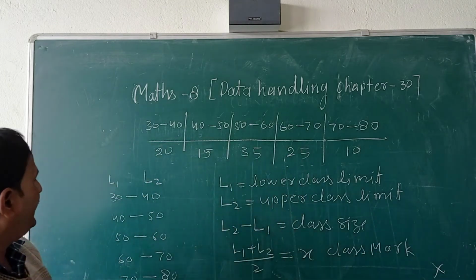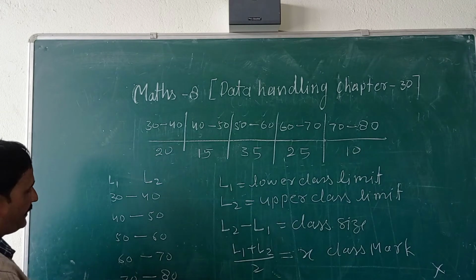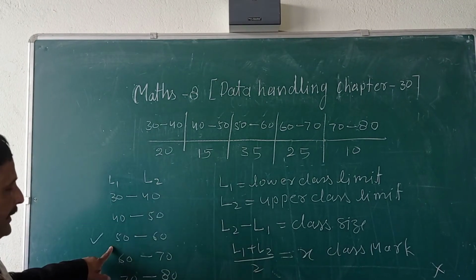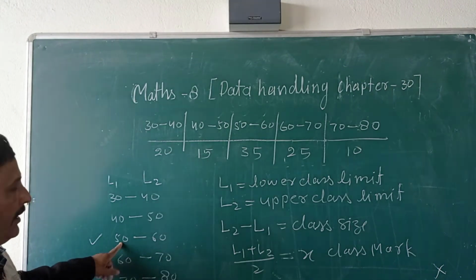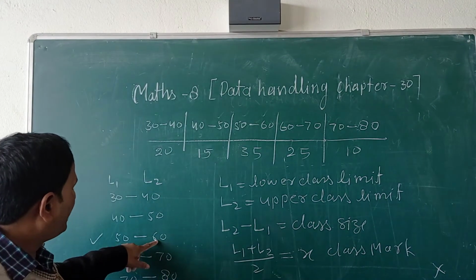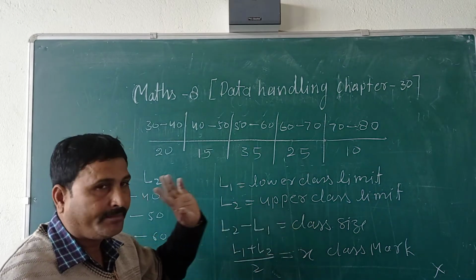Suppose they ask: tell me the upper and lower class limit of the third class interval. This is the third: 1, 2, 3. Lower class limit is 50. Upper class limit is 60. Class size, L2 minus L1, means 60 minus 50, 10.